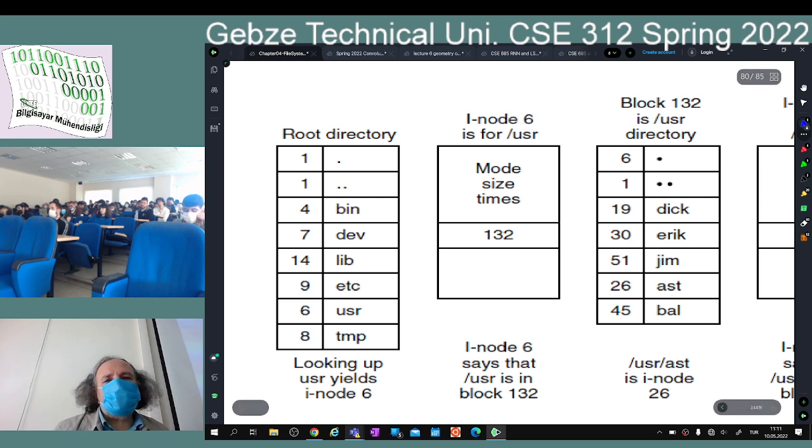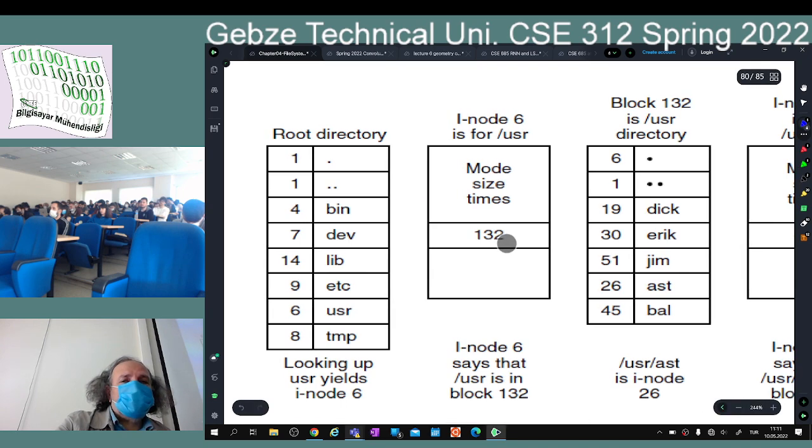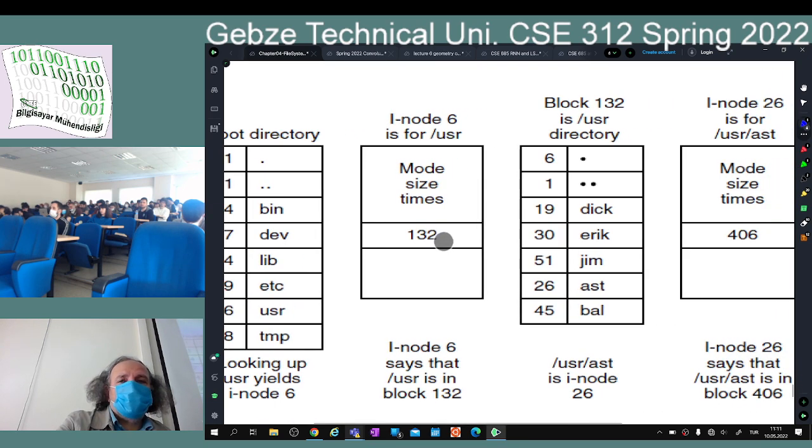So the user says that, okay, my access mode is this, my size is this, the access times are this, and I am a directory, and you are going to find my directory listing at block number 132.